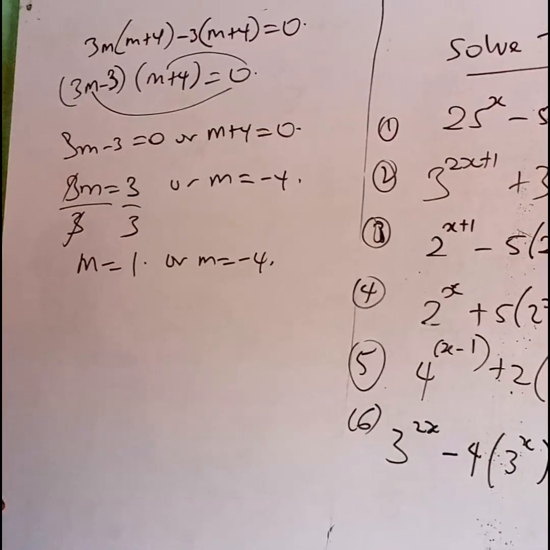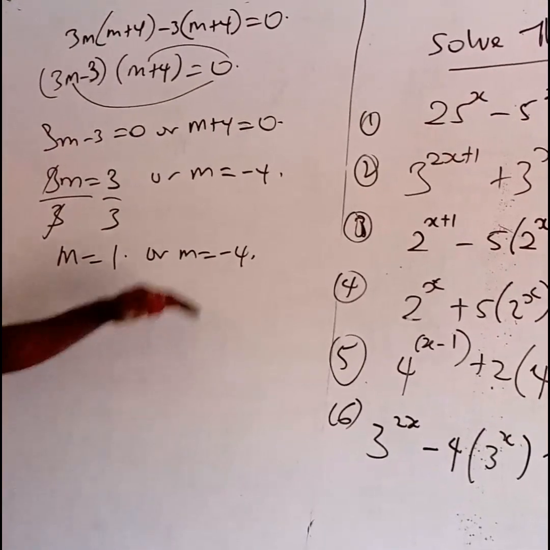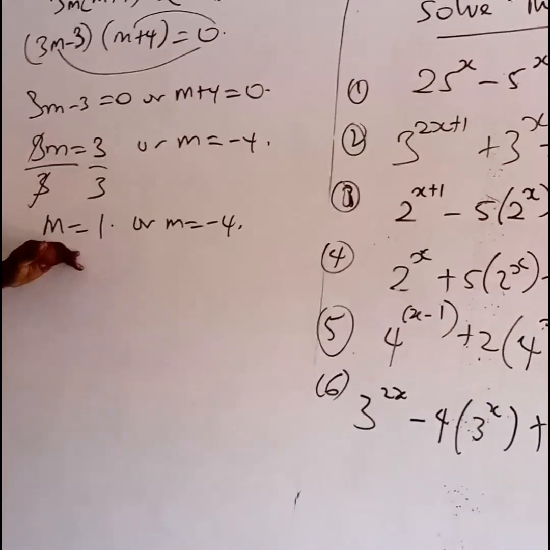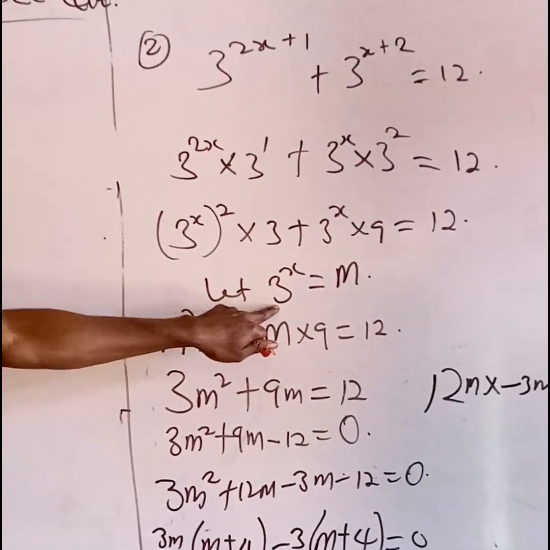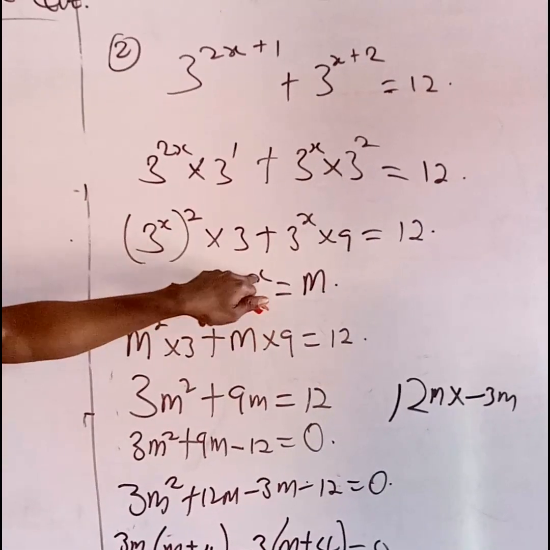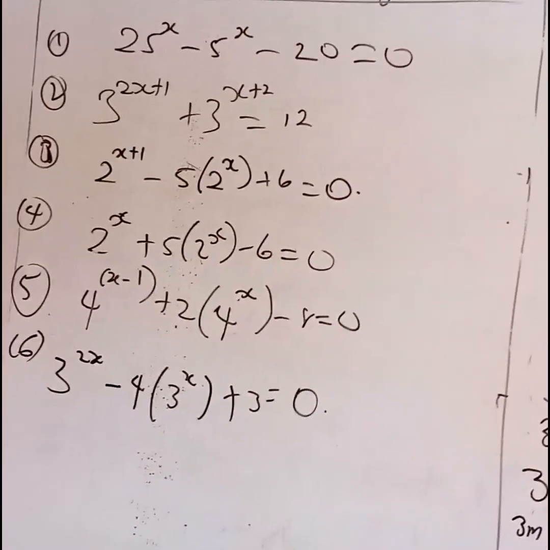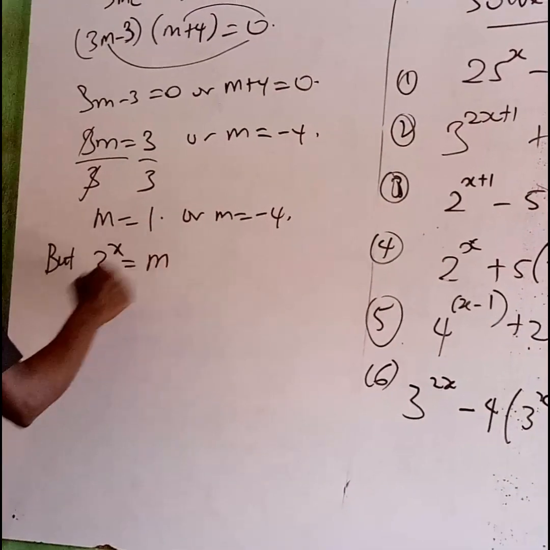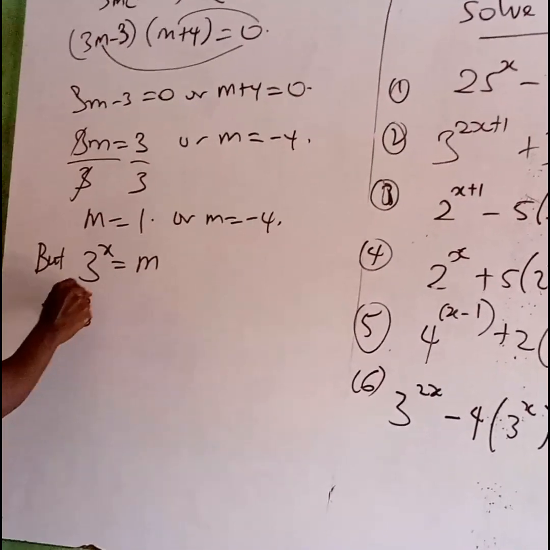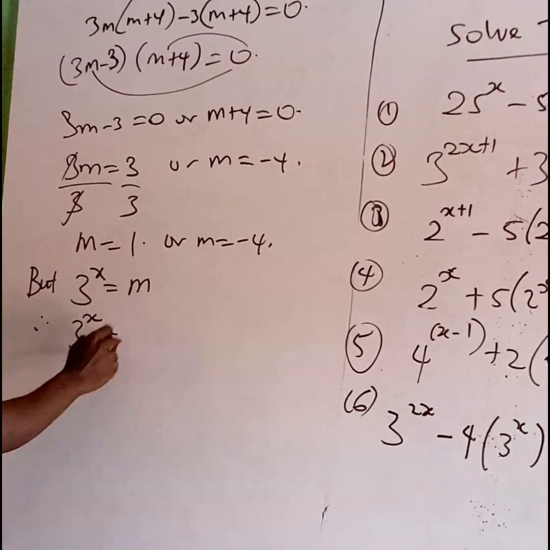Don't forget I told you that we don't reckon with minus when we are taking exponential function. We only use the positive one. Now, don't forget, we said 3 raised power x equal to m. So that's where we are going now. We say 3 raised power x equal to m. So therefore, substitute 1 for m.